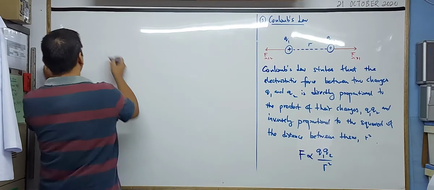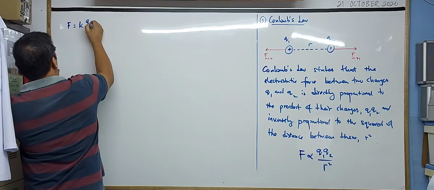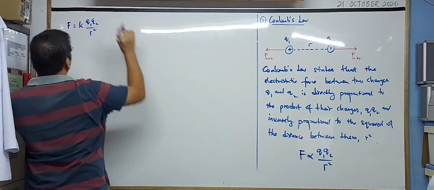So if we change it into an equation, we have this: F is equal to K Q1 Q2 over R squared.